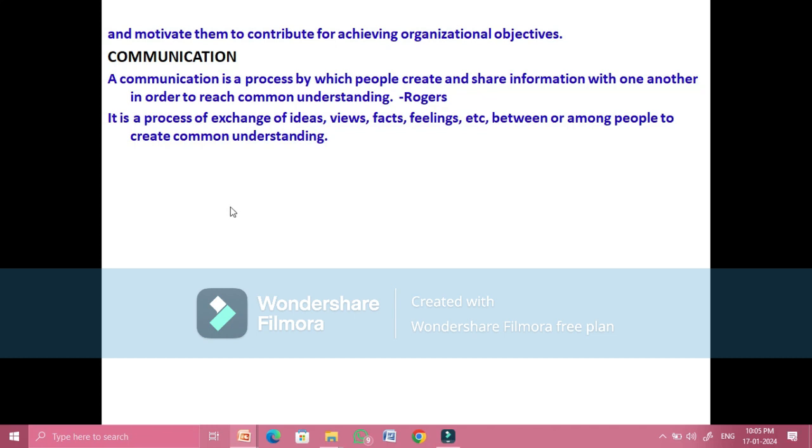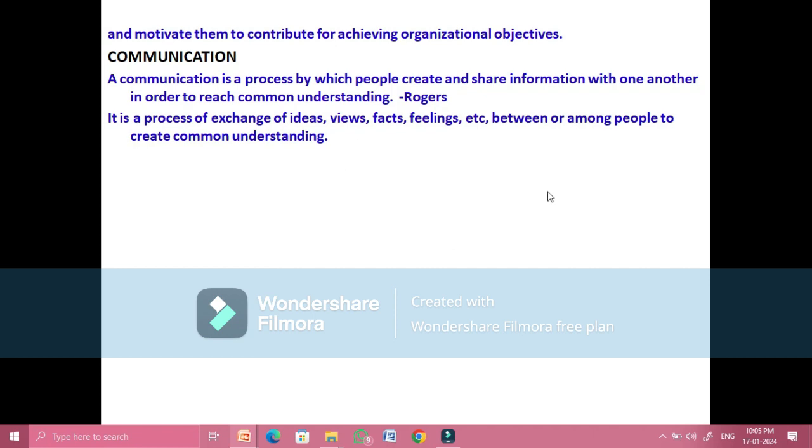Then only they can rectify and understand the employees' pains and try to solve those problems. Ultimately employee satisfaction can be seen, and this results in an increase in productivity and enhancement in the performance of the organization.